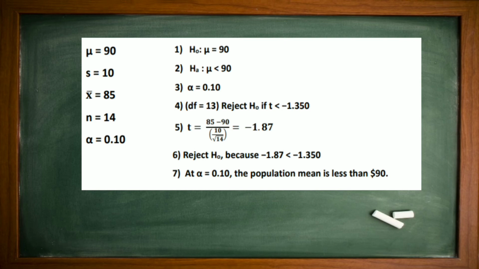Okay, so next, step 7, state conclusion clearly in words. Okay, so we have here at a significance level equals 0.10, the population mean is less than $90. Okay, so ayan po yung ating critical value approach.